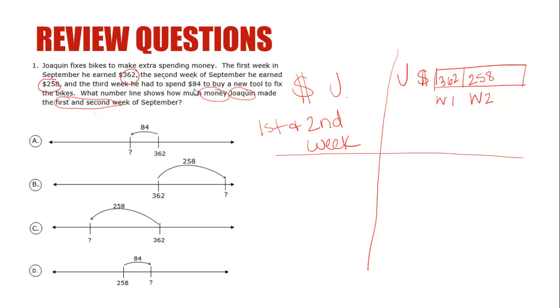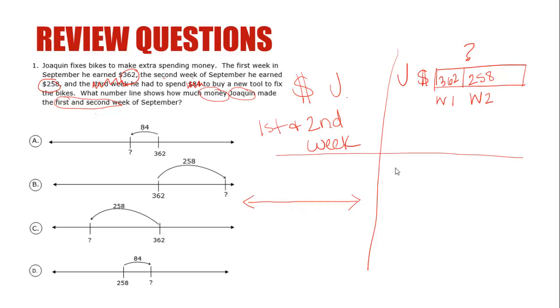And the third week, he had to spend $84 to buy a new tool to fix the bikes. But we are talking about the third week. The third week with the $84 is extra information because it's just asking us about the first and the second week of September. So we just want to know the total.